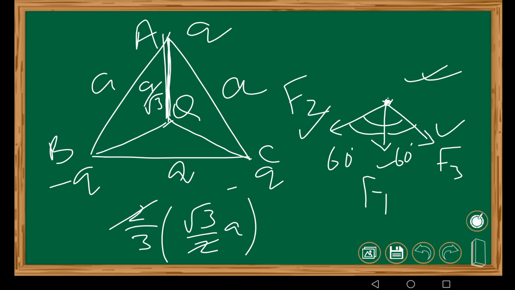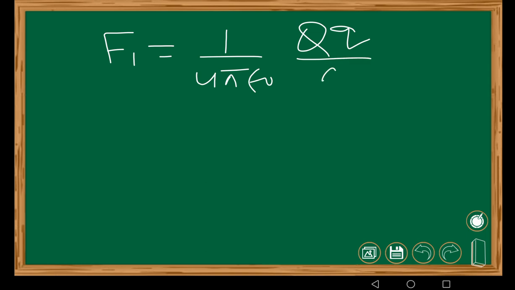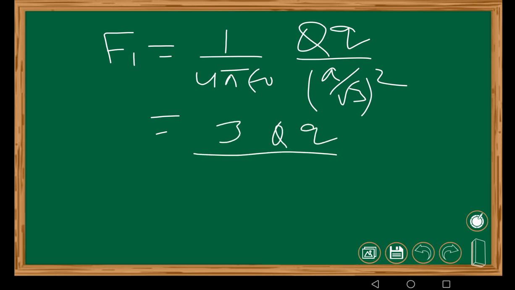Now, finding out the net force, let us first find out F1. F1 is given by 1 by 4 pi epsilon naught, capital Q small q by (A by root 3) whole square. So this is simply 3 capital Q small q by 4 pi epsilon naught A square.